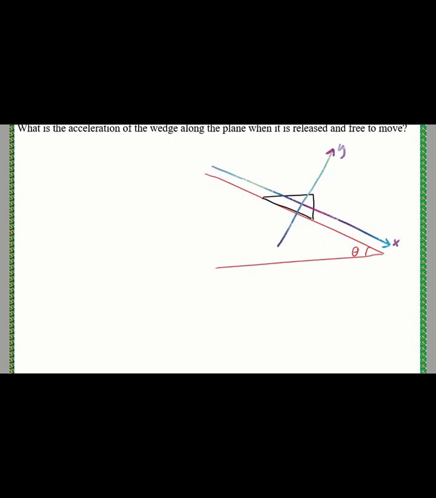We have the weight Fg, with two components Fgx and Fgy.